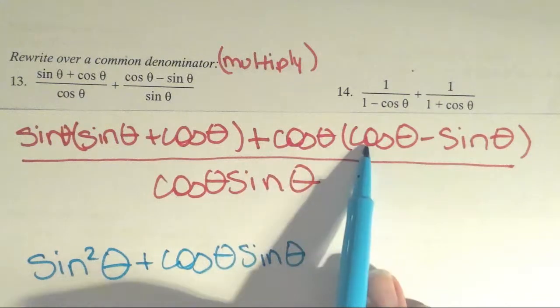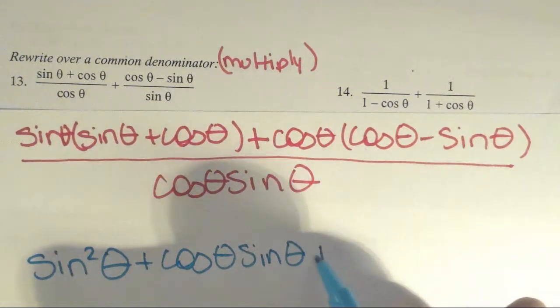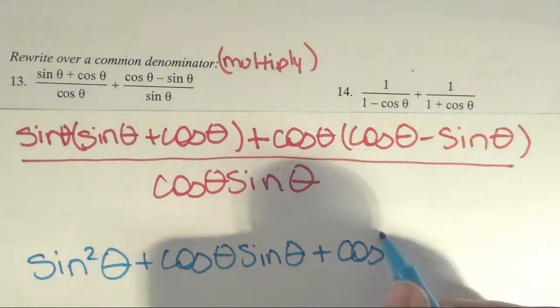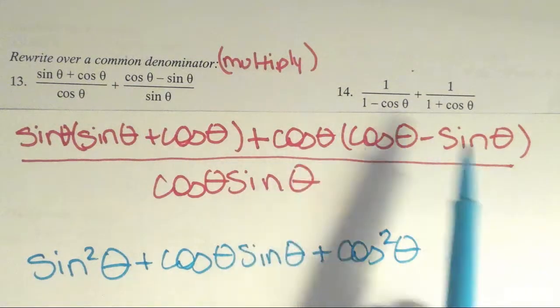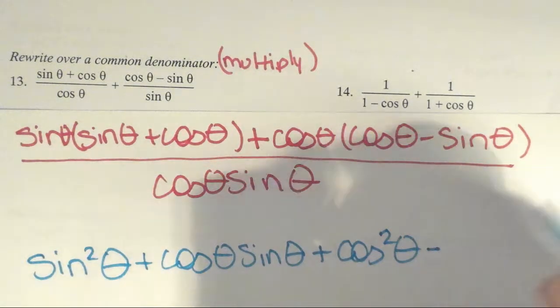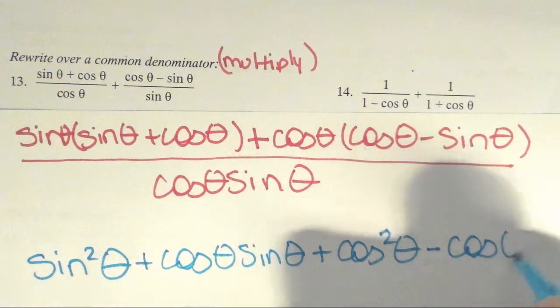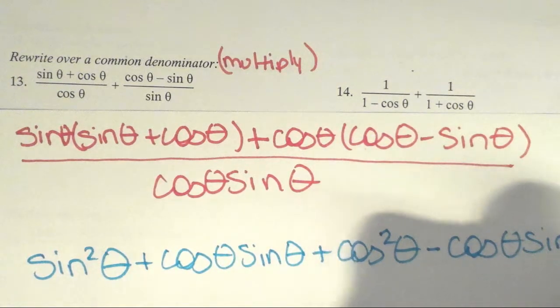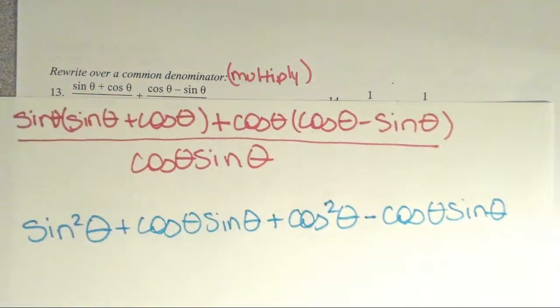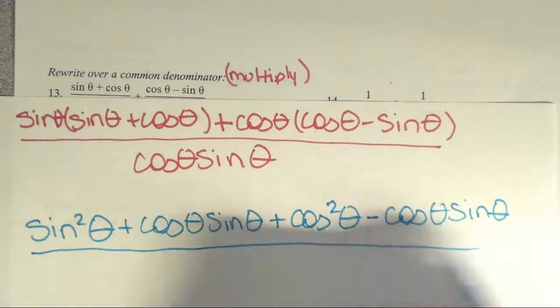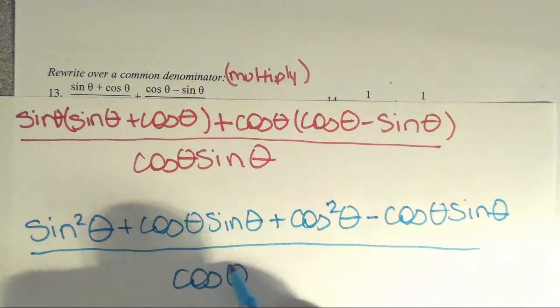I'm going to do the same thing over here. Cosine times cosine is cosine squared. Cosine times negative sine is a negative cosine sine. And the bottom, I'm just going to rewrite cosine sine.